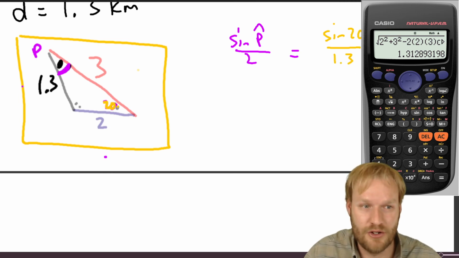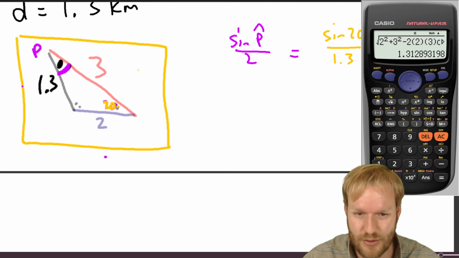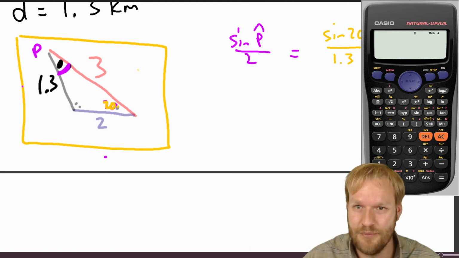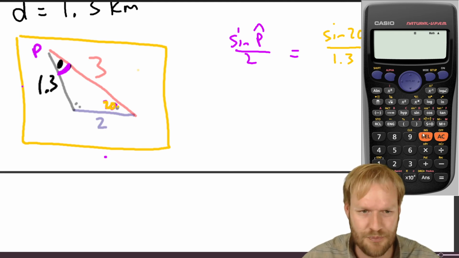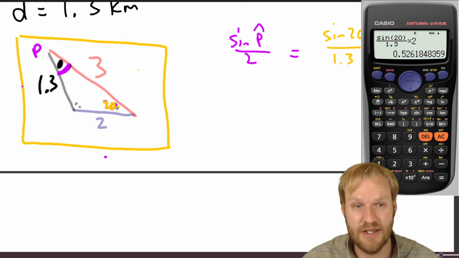One thing we don't know, and you've done quite a few of these questions now. So into the calculator it goes, and we go sine P. So on that side we've got sine 20 divided by 1.3 times by 2. That's what sine P is.